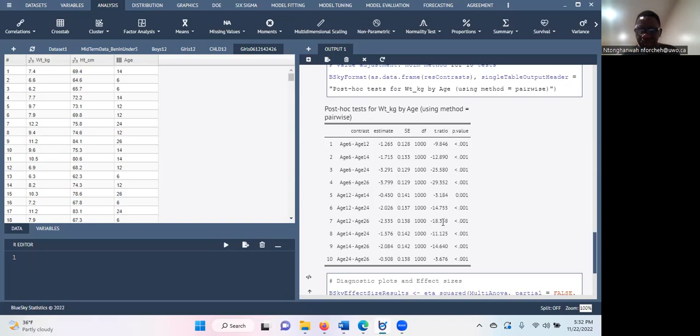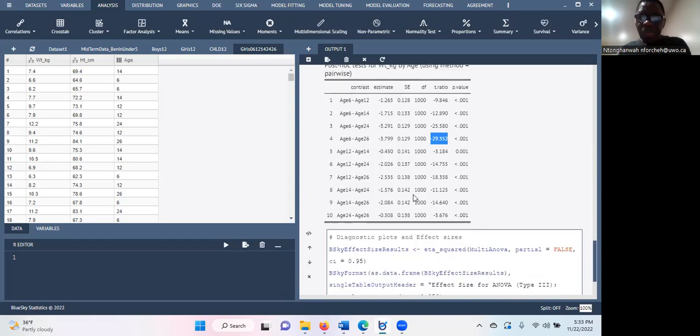Oh, 6 minus 26 is the largest, which is what we expect anyway. 6 minus 24 is the next largest, and so on. The farther apart they are, the greater the difference.